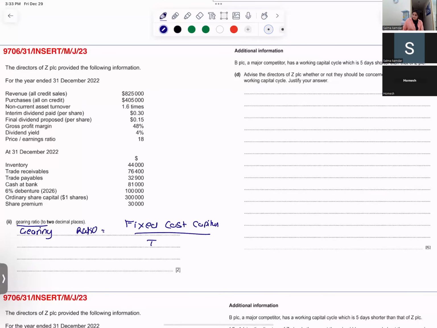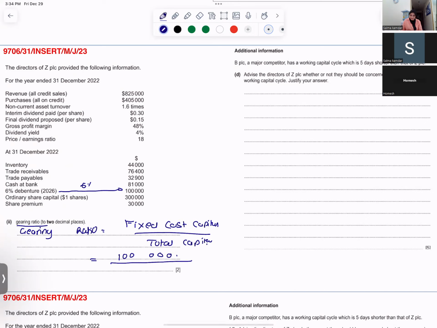What is your fixed cost capital? The debentures which carry a fixed cost of 6%. So your fixed cost capital is 100,000.